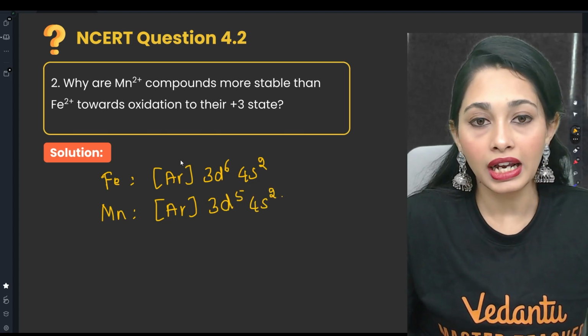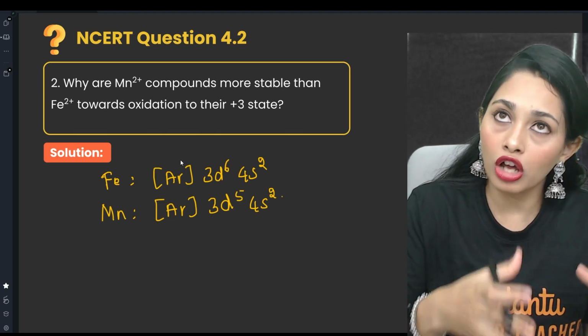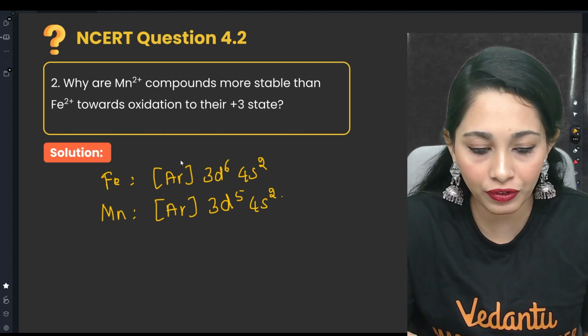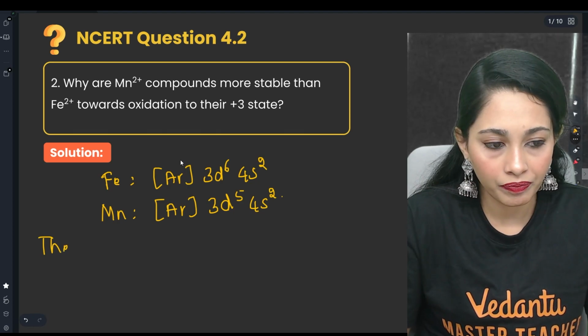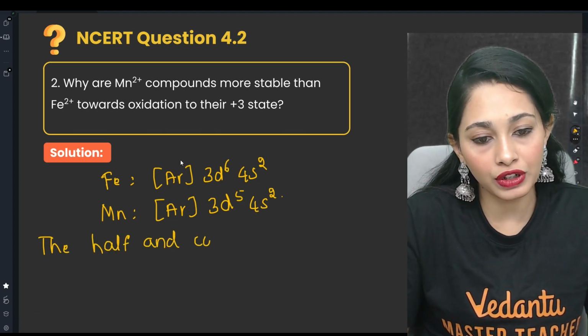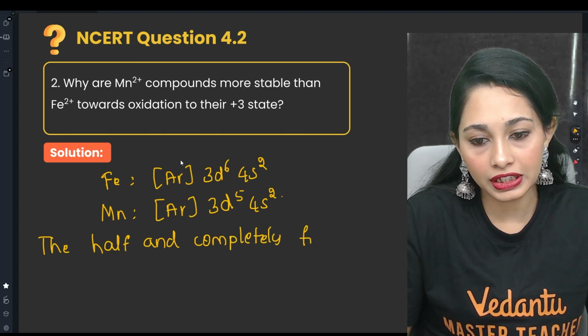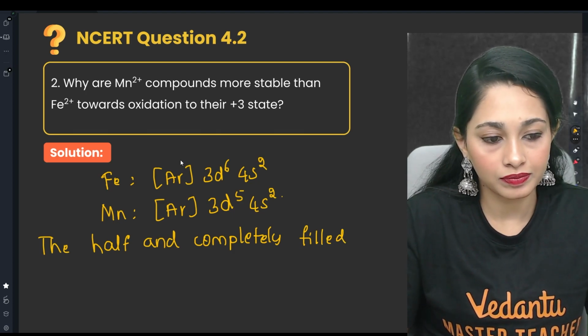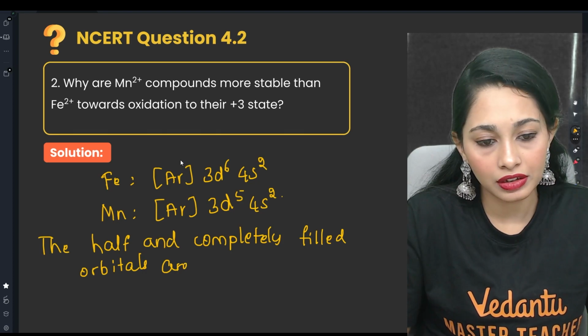So we know that if the orbitals are completely or half filled, then they are more stable. The half and completely filled orbitals are very stable.